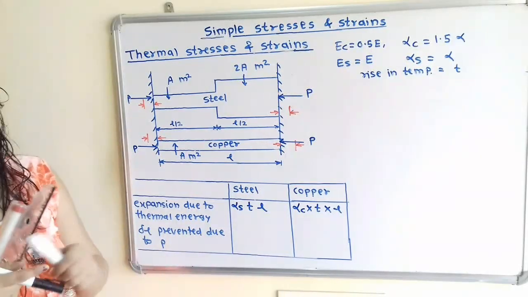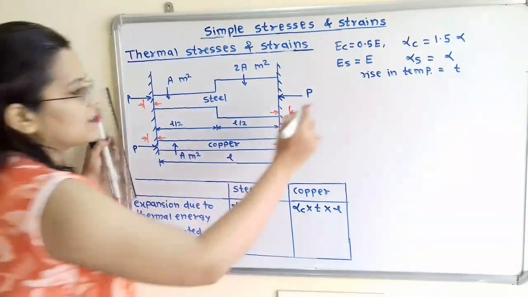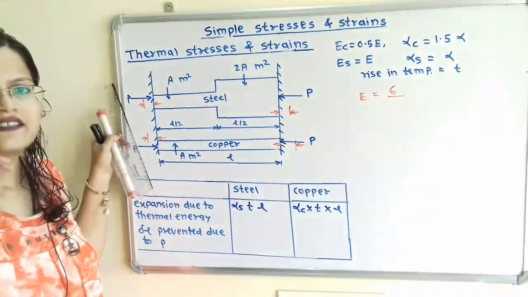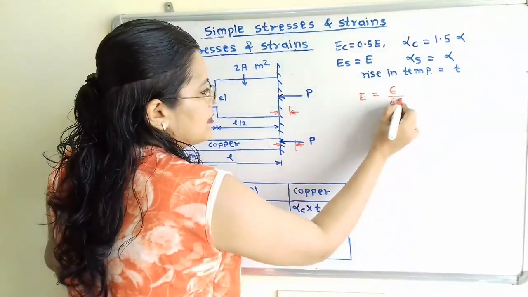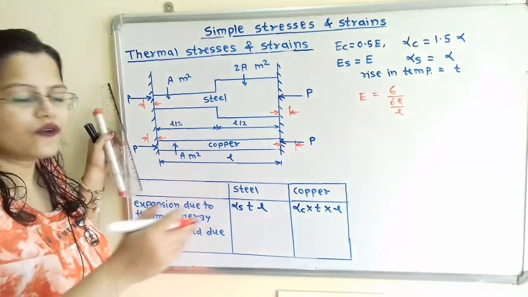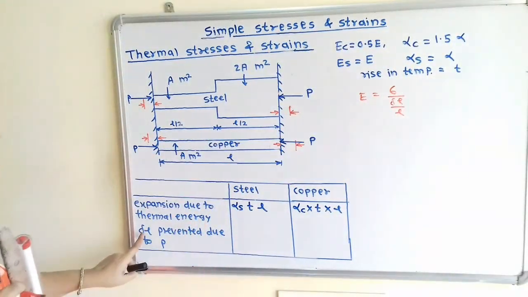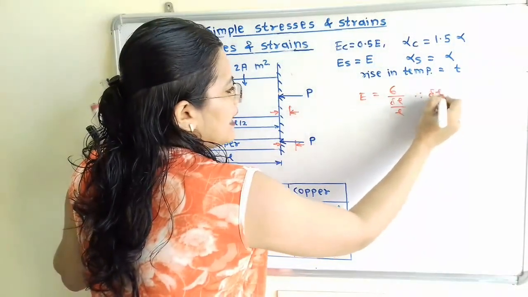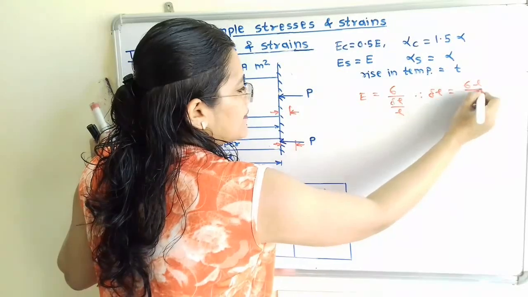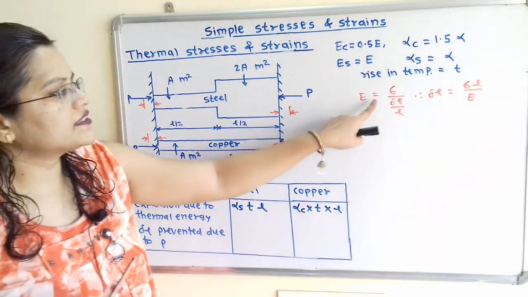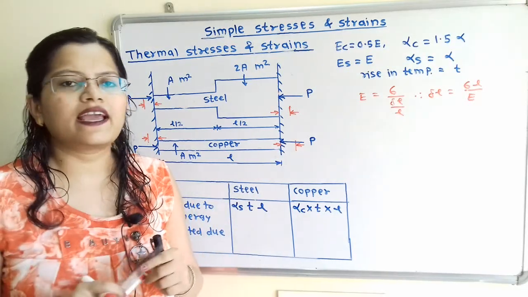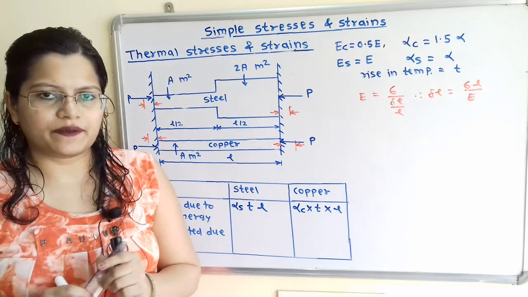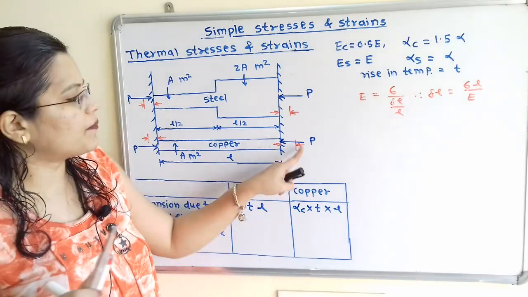We have one formula: Young's modulus E is equal to stress sigma divided by strain, and strain is equal to delta L by L. We use here delta L because delta L is prevented due to P. Therefore delta L is equal to sigma L divided by E. This formula E equals sigma divided by delta L by L is applicable because of the mechanical applied force P.